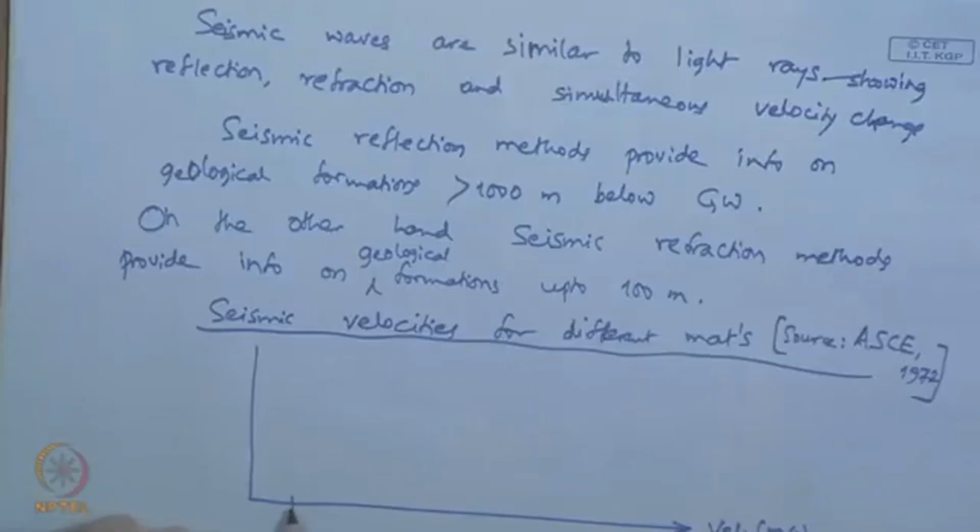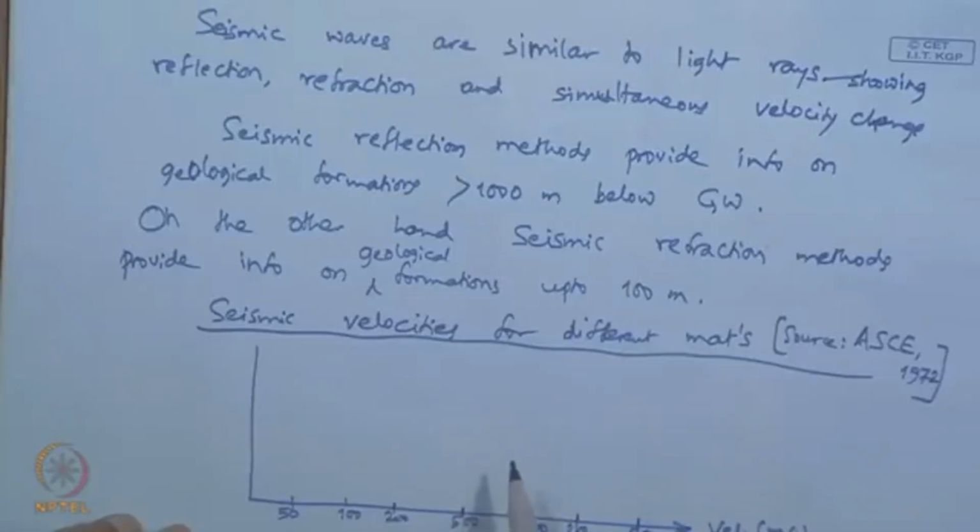this is the velocity in meter per second. So, this is 50, 100, 200, 500, 1000, 2000 and 5000.